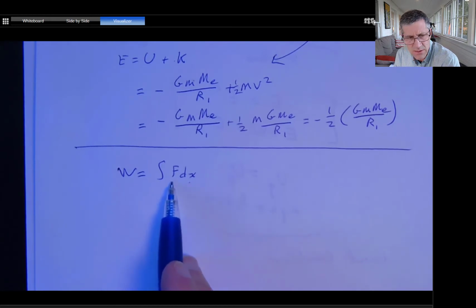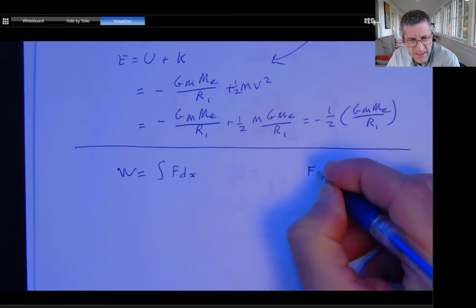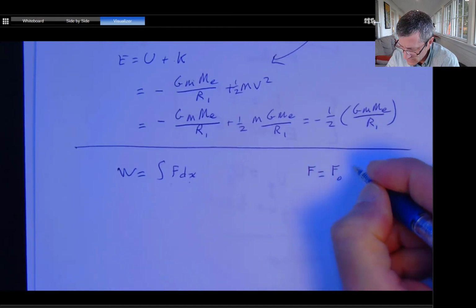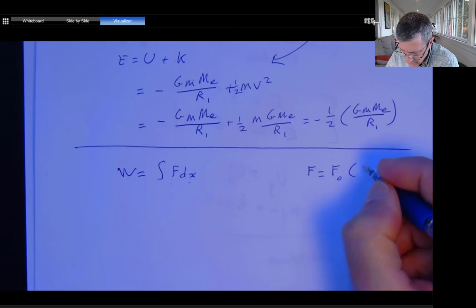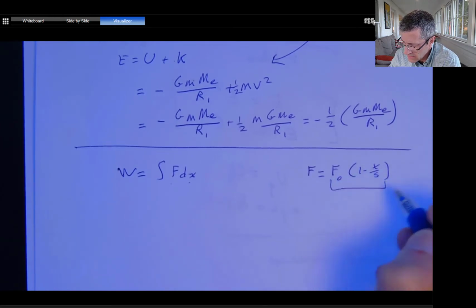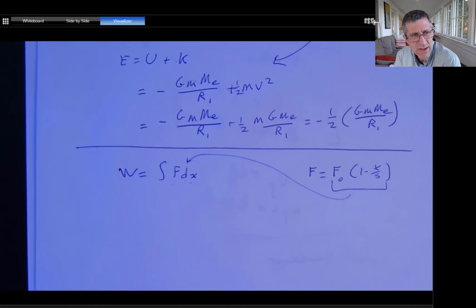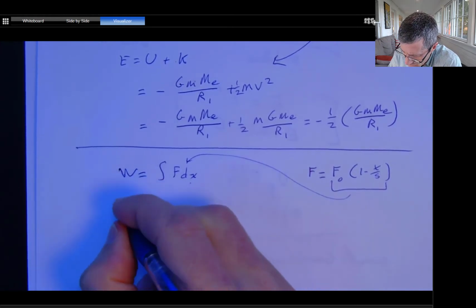They give me an equation for force: F naught times 1 minus x over s. That's the force. So I'm going to plug this equation in here, and then I want to evaluate that integral as I go from 0 to s. So s is the ending point.